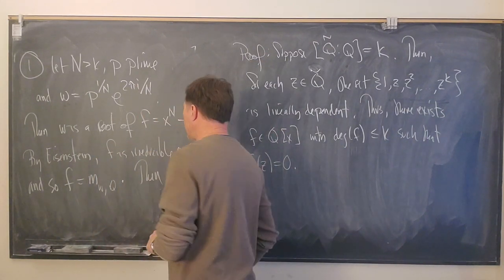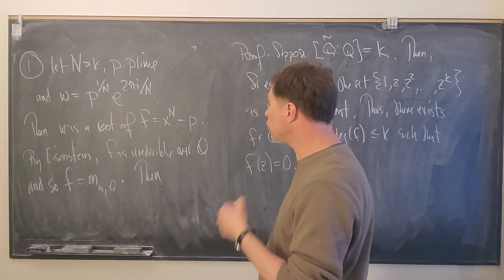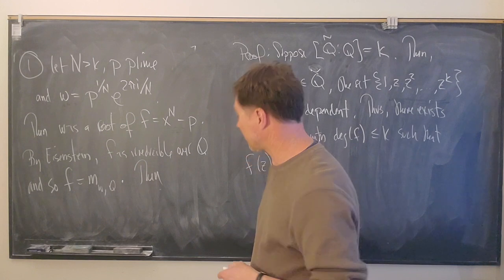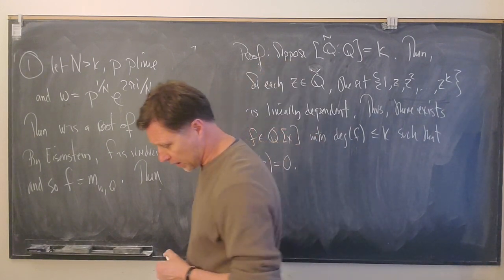So then we know the degree of the extension Q adjoin w over Q is going to be exactly n, right? And so we've got a basis.